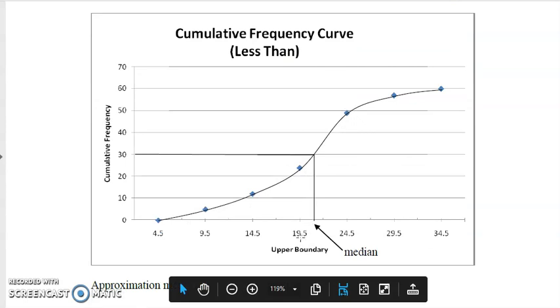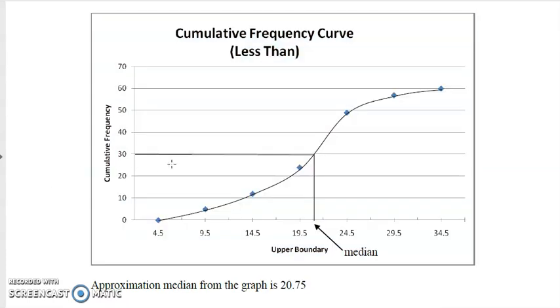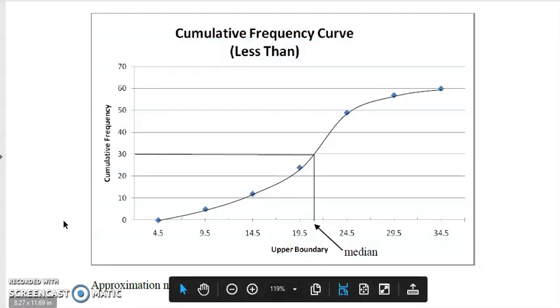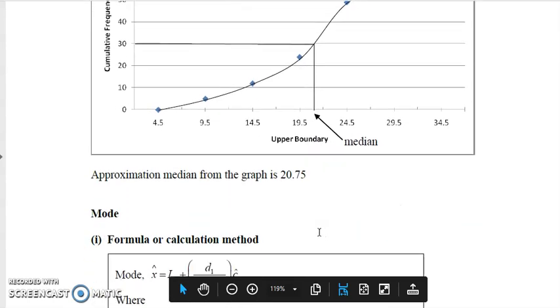As we know, the total frequency is 60, so the median is of course 30. You can put a ruler over here to estimate, and it will be around here, around 20 something. So the approximate median from the graph is 20.75.